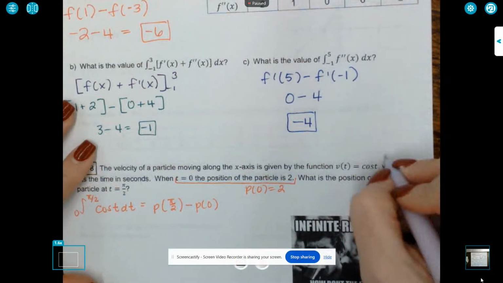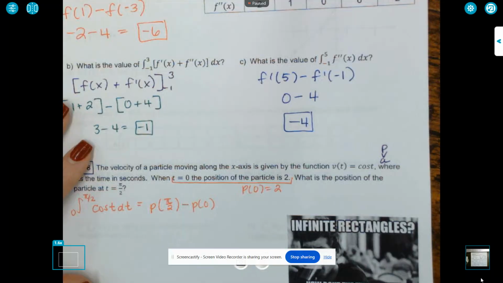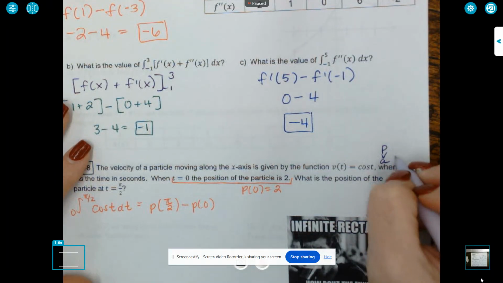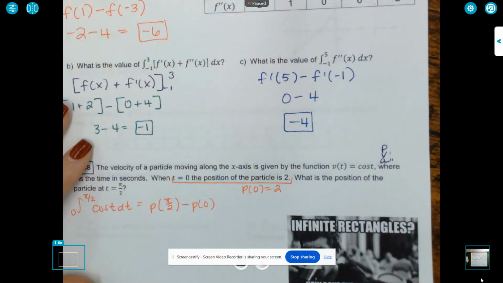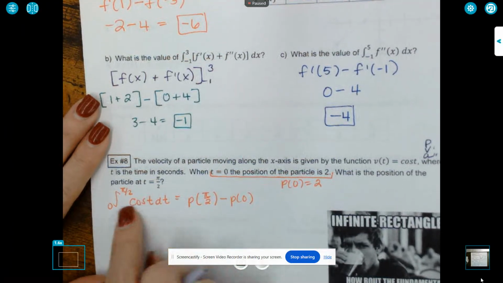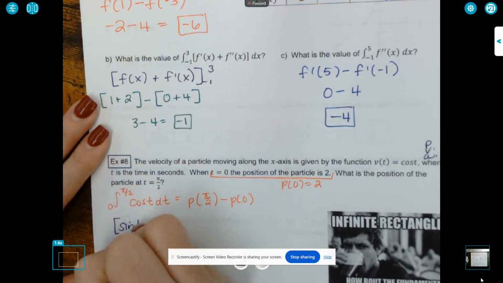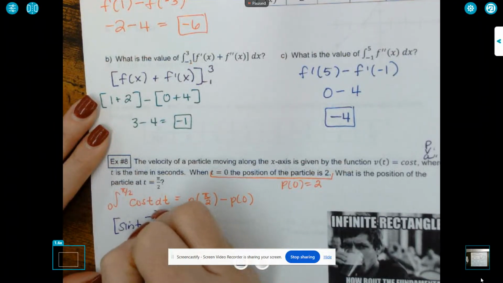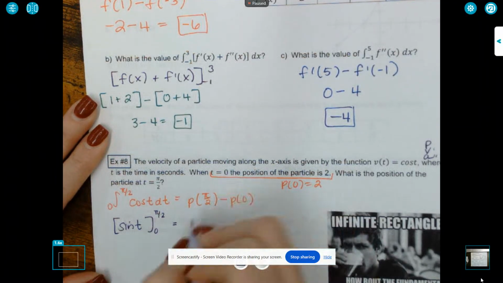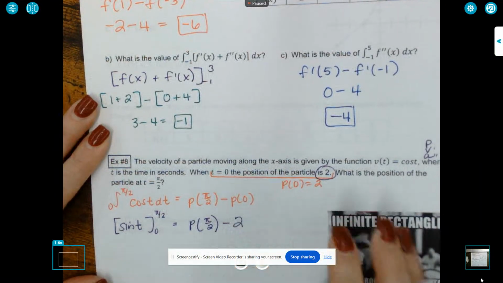Because remember, it goes position, velocity, acceleration. So this is our function, this is our derivative, this is our double derivative. Okay? All right, so we know the antiderivative of cosine is going to give me sine from 0 to pi on 2 equals, we don't know p of pi on 2, but we do know that p of 0 is 2.